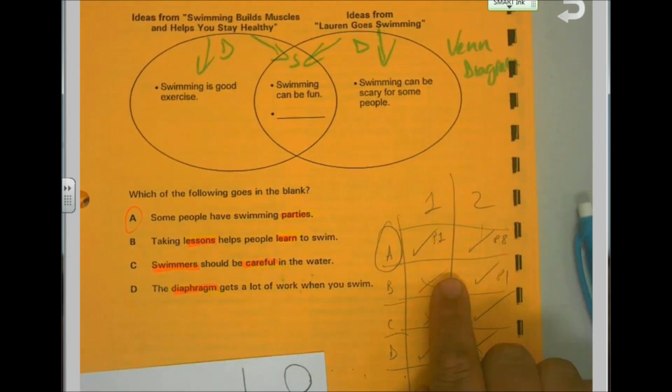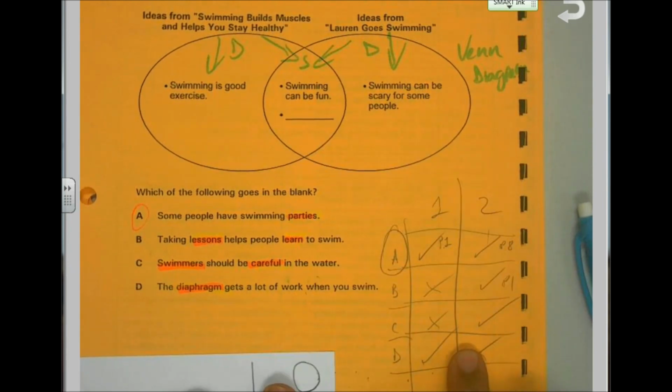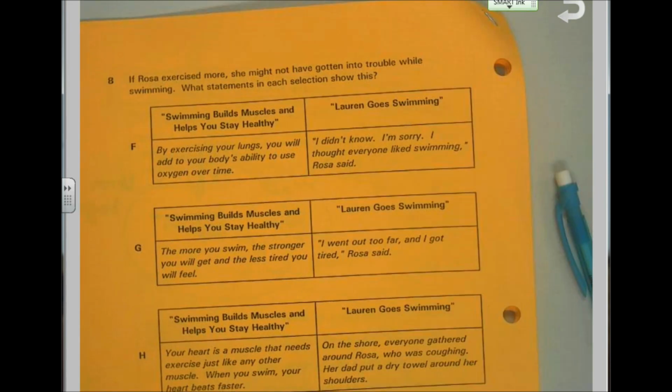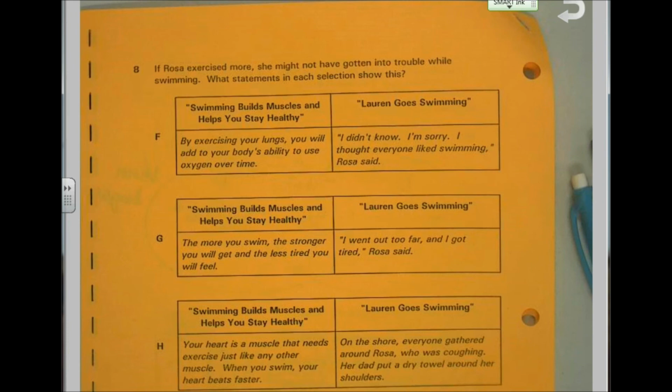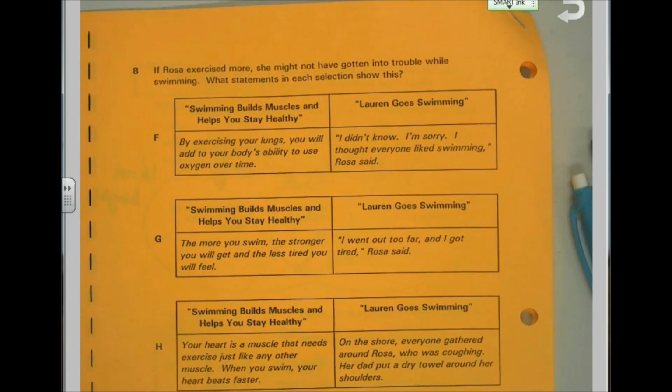Now, every time you guys see a Venn diagram, I want to see this. This is what I want to see. I want you doing exactly this. Now, look at this. Number 8. Number 8 is already in T-chart form.